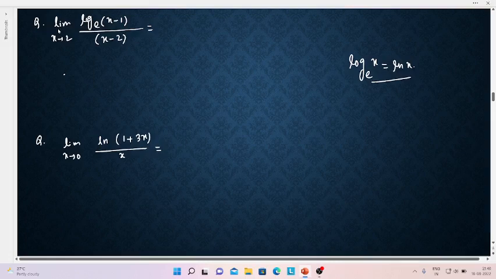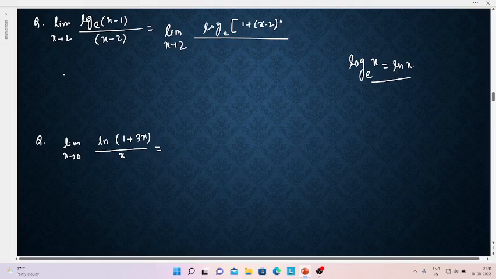Here basically we have to make the particular function match the previous formula, which we have already done in a lot of questions. So that can be written as limit x tending to 2, and now the numerator can be written as log base e of (1 + x - 2).